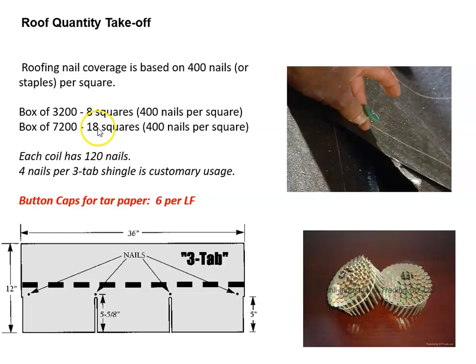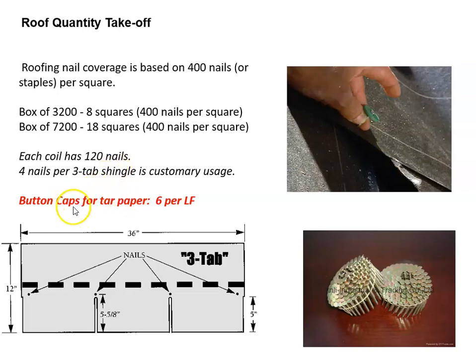So for our stage where we're just beginning our estimates, we would just stick with this. We wouldn't have to get any more detailed than that. The detail being how many nails per coil, how many nails per shingle exactly. That's more than we need.